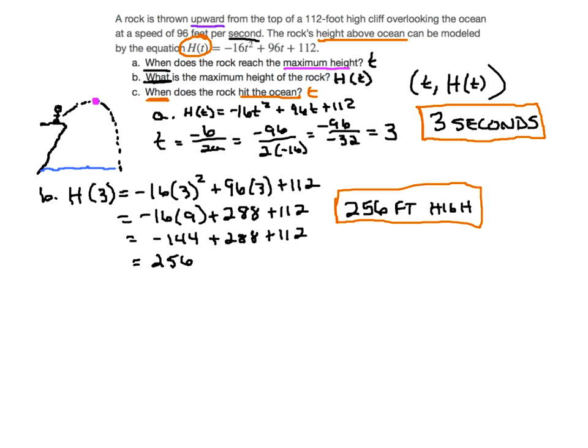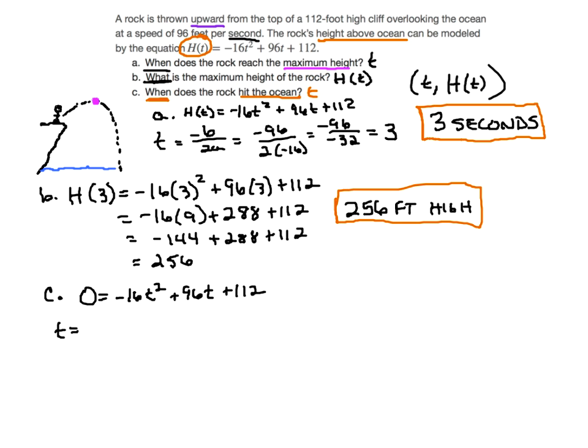So you're solving the equation for C: I want a height of 0 above the ocean, so 0 equals negative 16t squared plus 96t plus 112.